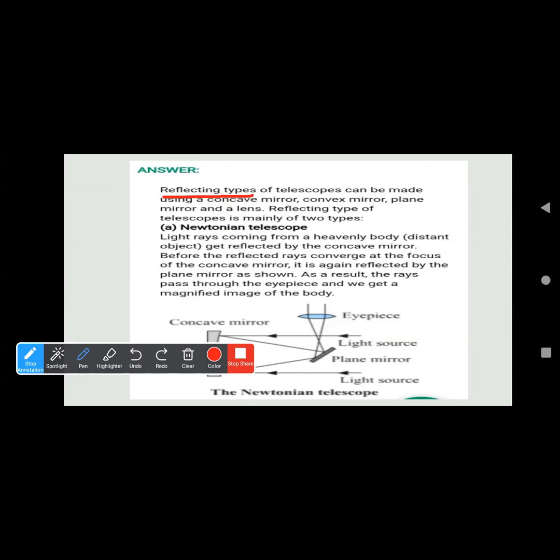Which type of telescopes can be made using these mirrors? It is reflecting type. So you have to underline that reflecting type of telescopes can be made using concave mirror, convex mirror, plane mirror, and lens. Then after that, you have to underline Newtonian telescope, and then you have to explain it.